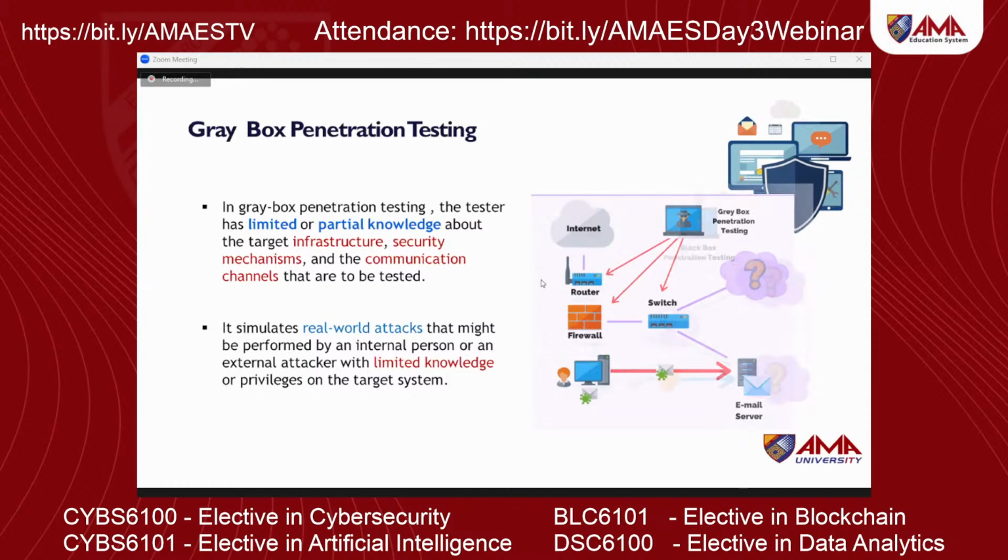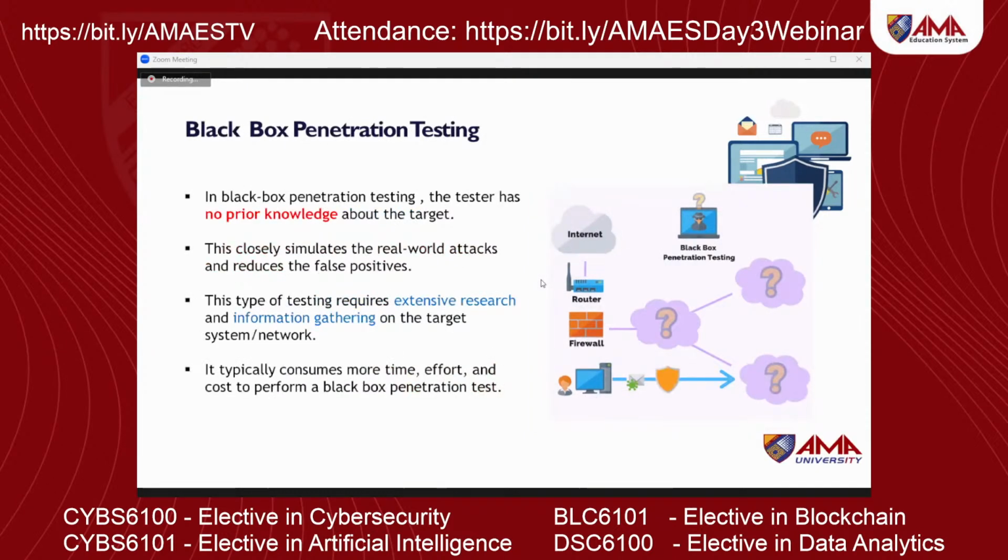And then lastly, black box. Kaya siya tinawag na black box kasi yung tester walang prior knowledge about the target. So this closely simulates real-world attacks kasi usually ang attackers naman hindi talaga nila alam ang mga infrastructures inside. So black box is the very close one na talagang ginagawa ng mga hackers.